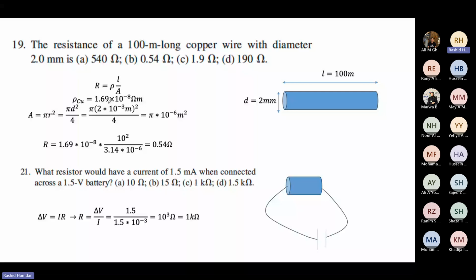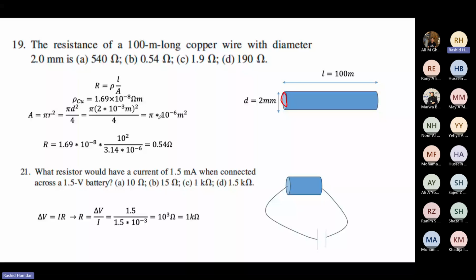Now I have to find the cross-sectional area. When they give me a diameter, it means that the wire is cylindrical, so the area is a circle. The area of the circle is pi r squared or pi d squared over 4. Of course, I have to change d to meter. Pay attention to the unit. I got A is pi times 10 power minus 6 meter squared.